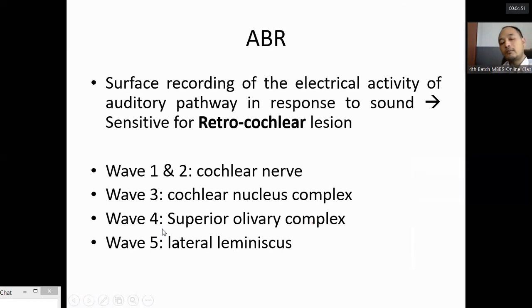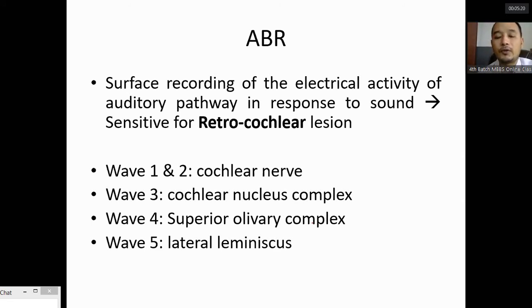Now, another objective test for hearing is ABR, auditory brainstem response, also called BERA, brainstem evoked response audiometry. Here we record the electrical activity occurring during sound transmission, generated by the cochlea.